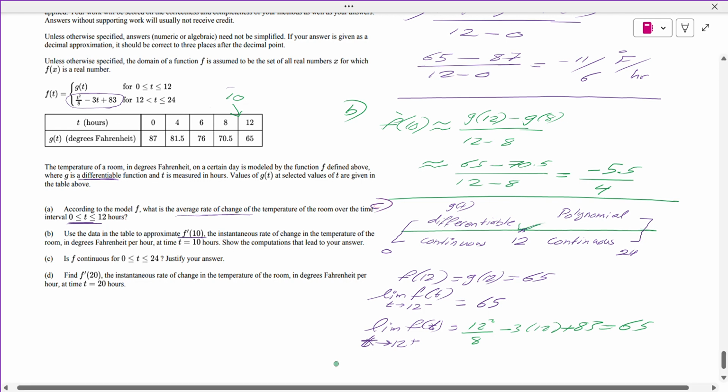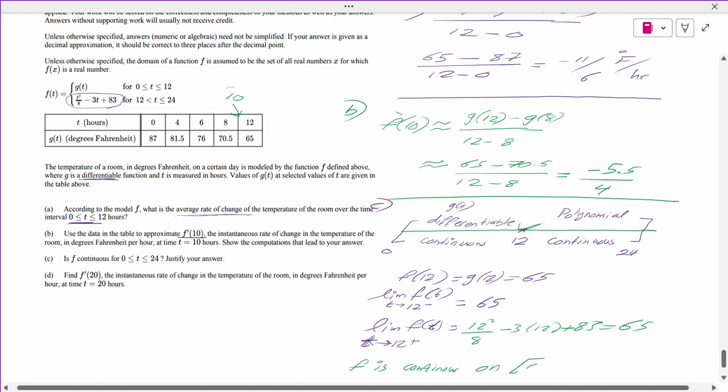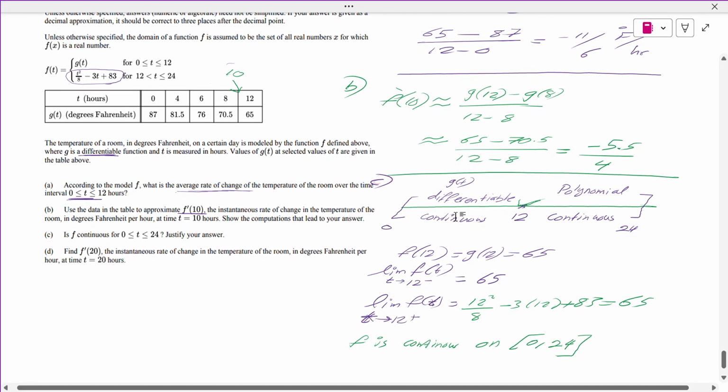So what do we say? That f is continuous on 0 to 24. Why is it continuous? Because from 0 to 12 it's defined using g of t, which is differentiable, which means continuous. And from 12 to 24 it's a polynomial, which means continuous.